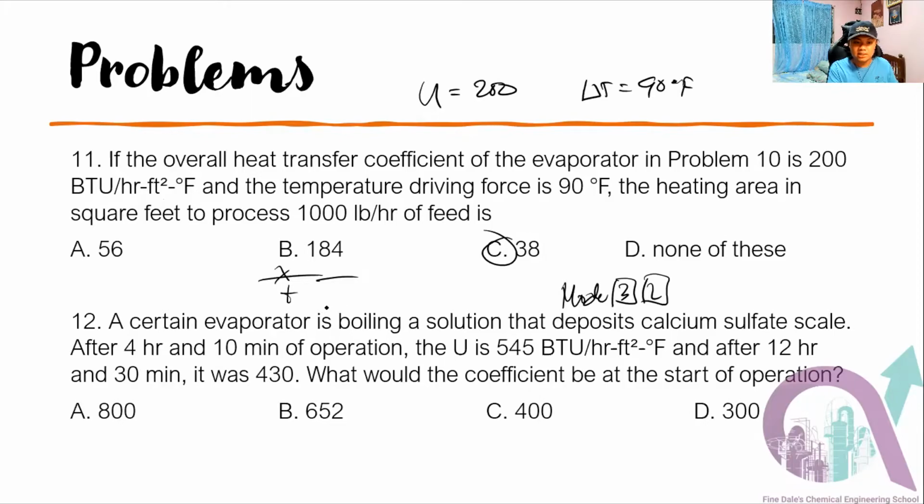Then you can get, at the time 0, or at the beginning of time, a closer value to letter B, 600. So that's what I did. I really have no concrete solution that I can give you. That's how I solved this problem.